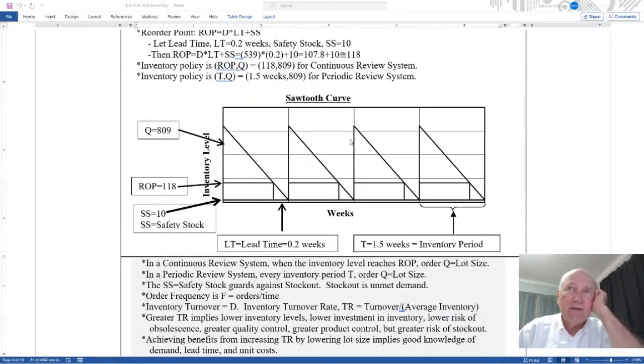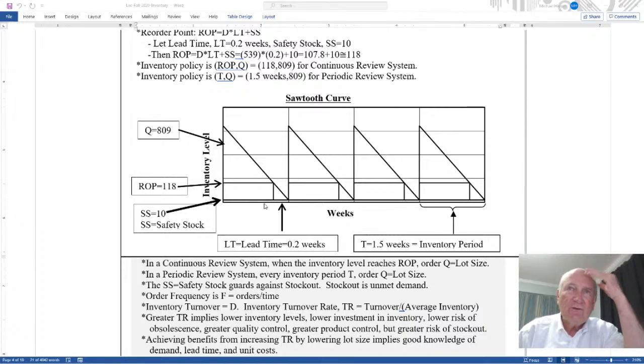Then it comes down to 10, goes up, down to 10, goes up. And there's my ROP 118. So I continually review this, and when I hit this, boom, I order 809. And then in 0.2 weeks it comes in, then I receive it. Now the periodic review says, I'm starting right here, and every 1.5 weeks I'm ordering 809.